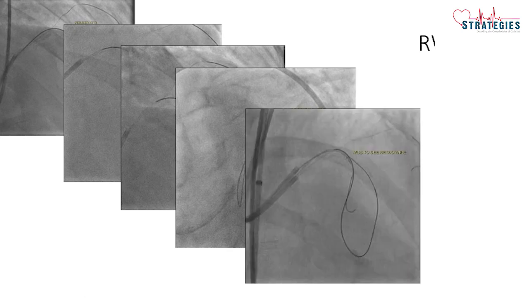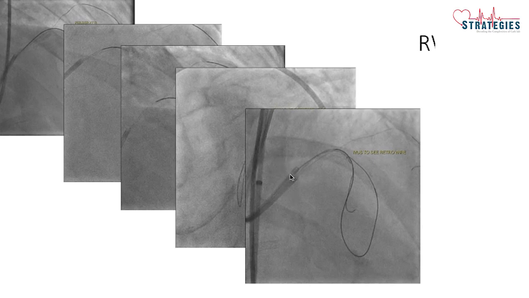views, and then I did an IVUS. So here Gaia 3 looked like it reached almost my proximal LAD, and at this point I wanted to confirm wire position with intravascular ultrasound. Now you can see there are two catheters in the LMCA ostium.